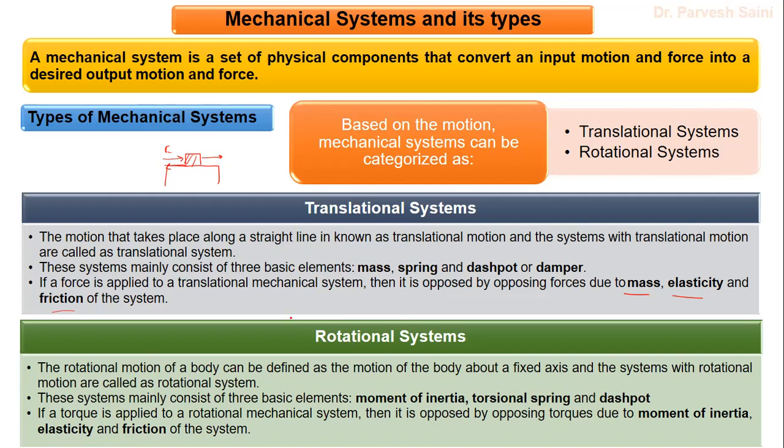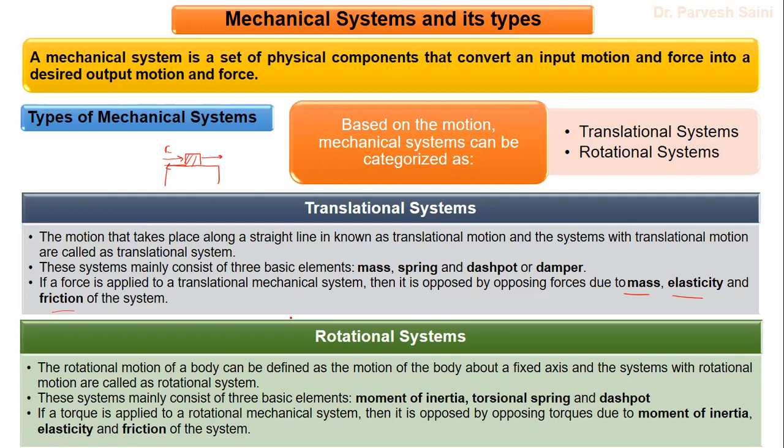Similarly, we have rotational systems, right? Rotational systems are those systems which have a motion about a fixed axis. That is, the system has some rotating part, like your motor, generator, or tire.